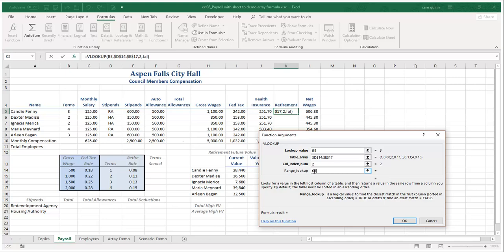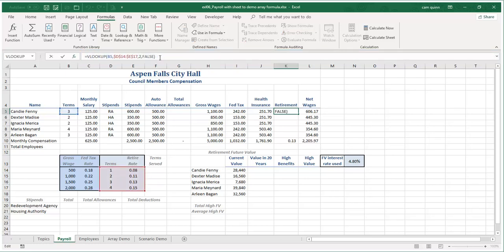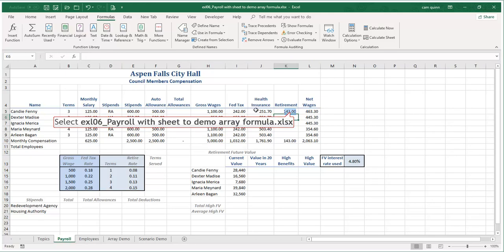What an exact match means is that I must find exactly, so the first one is a 3, so I have to have an entry in here for number 3. Then I'm going to multiply that by their gross wages to come up with their contribution that particular week, and I'm going to copy it down.